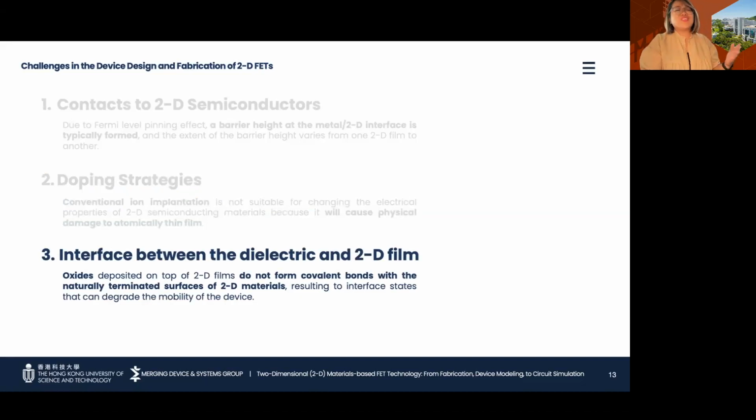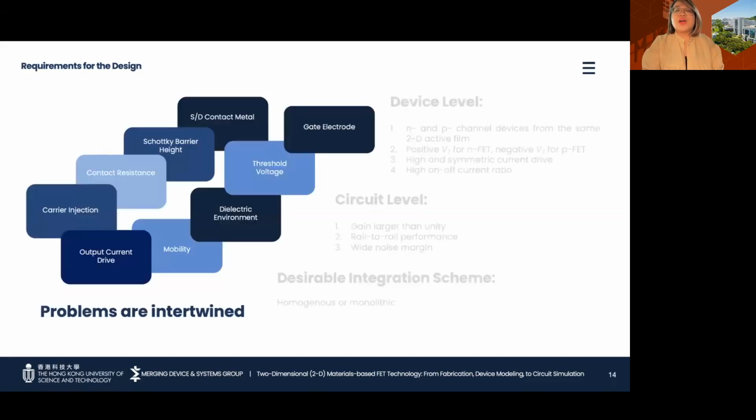Now, these challenges are not independent; rather, they are intertwined. Therefore, careful design and processing are needed to meet the necessary device and circuit level requirements and demonstrate the potential of 2D transistors. So, this will be the first issue I will address in this work.